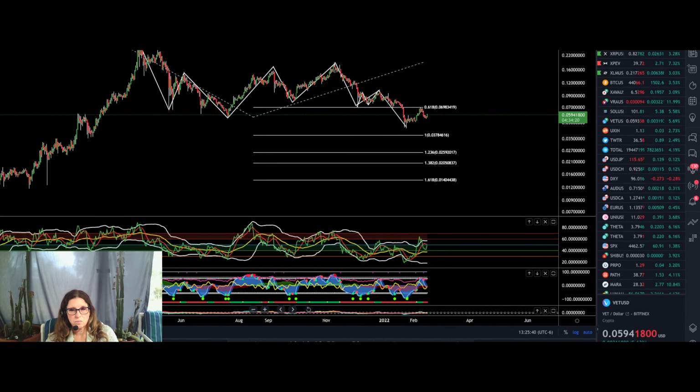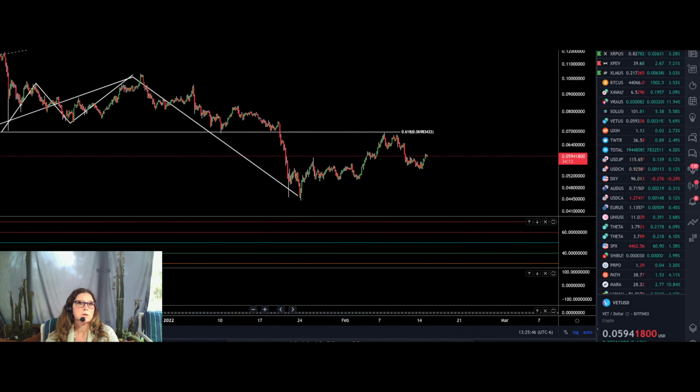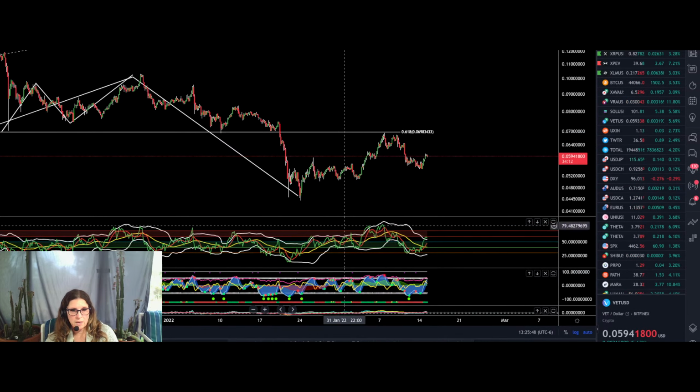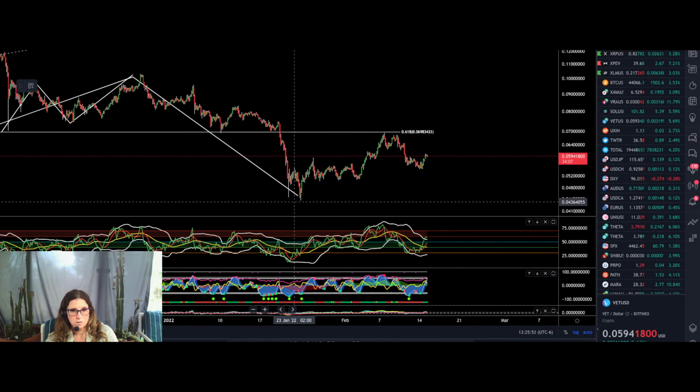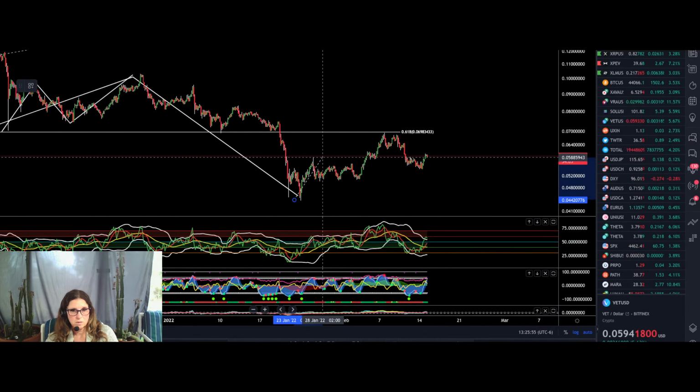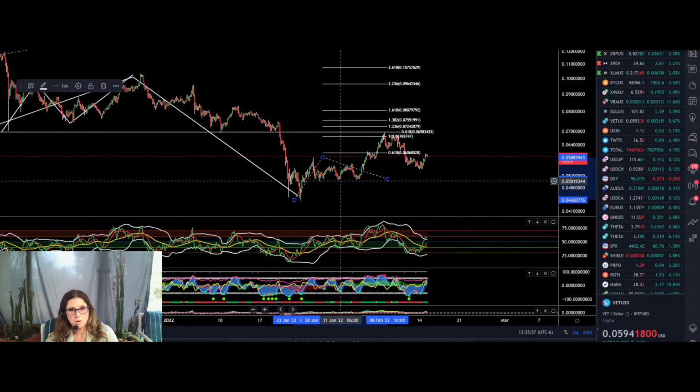Oops. But so let's take a look at this little leg right here. And it looks a lot like, okay, so in this case, this is definitely corrective.